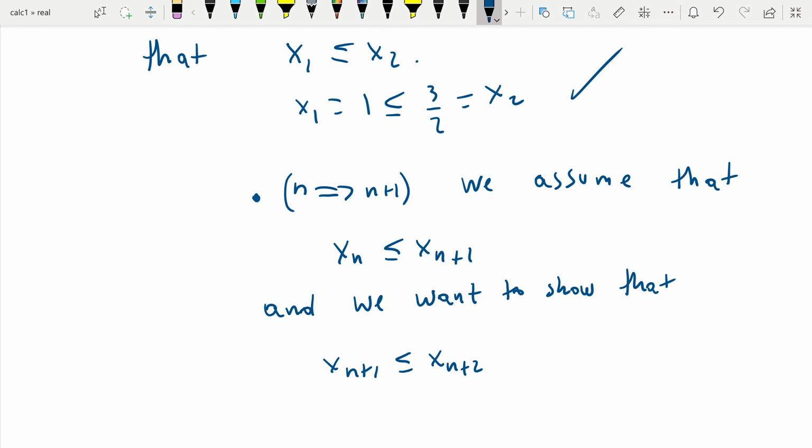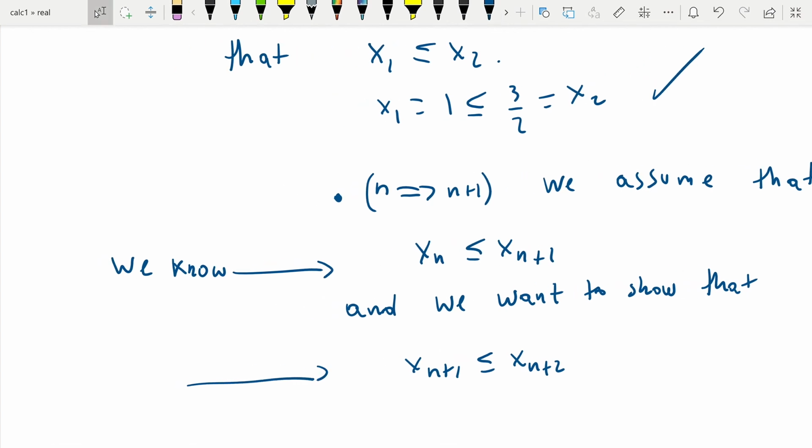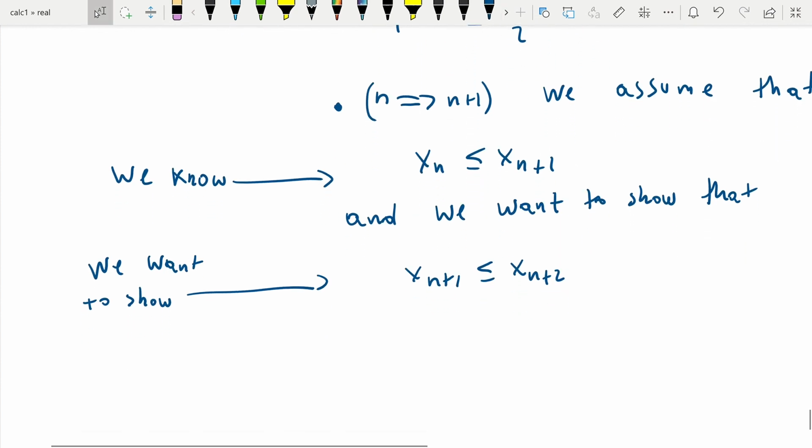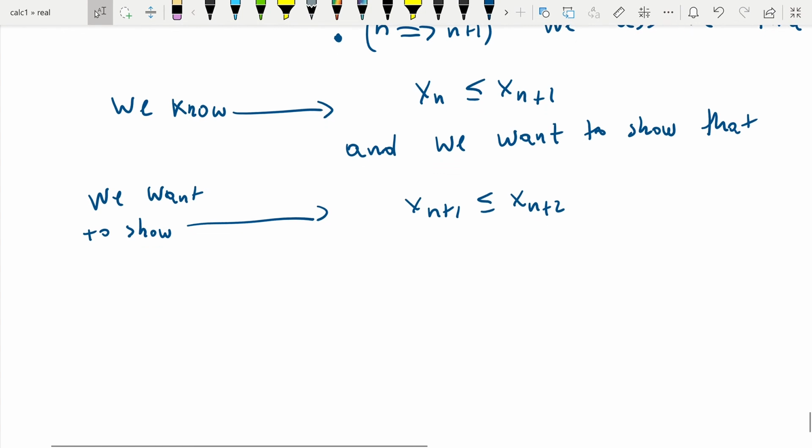Okay, so this we know, we're assuming, so we can use that. And this is what we want to prove. So we assume the first statement, and we want to show then that the second statement is true.